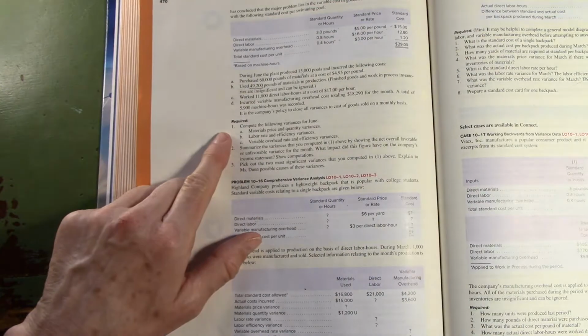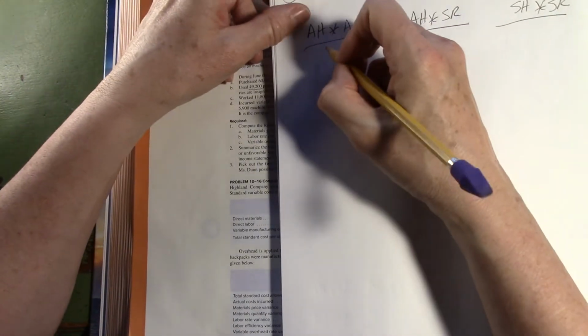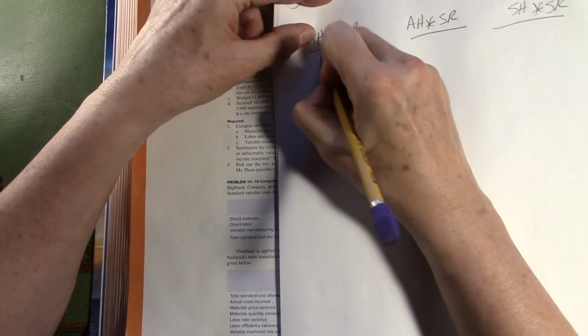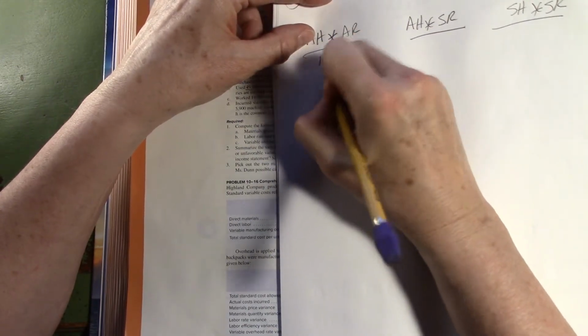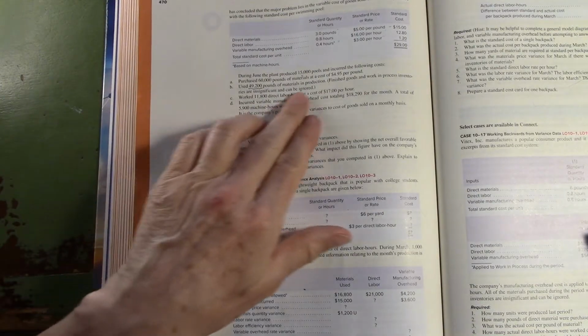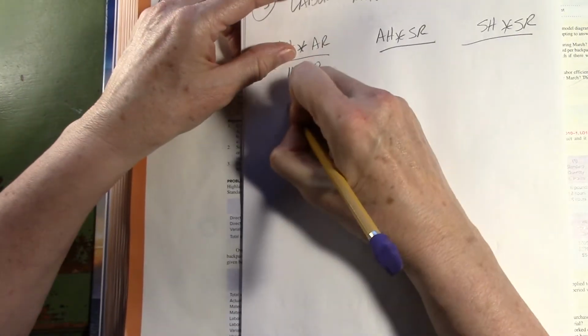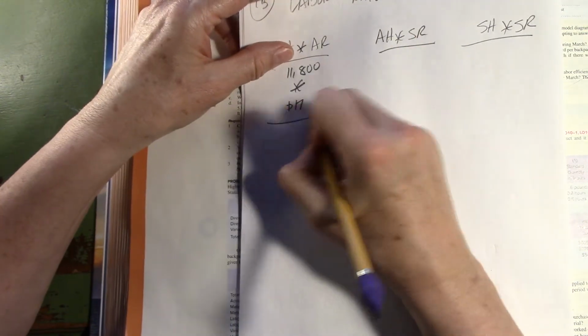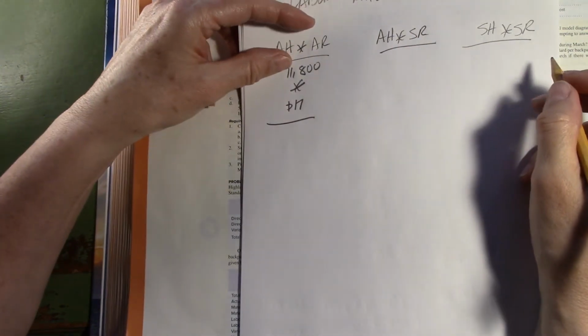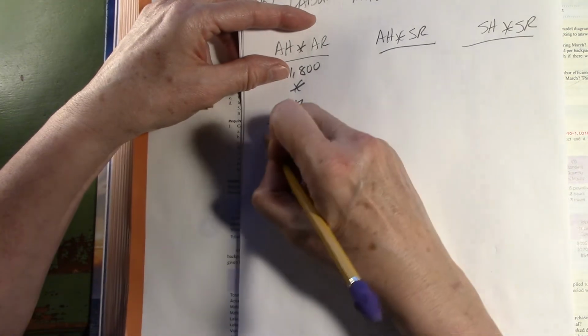So the actual hours was 11.8 times the actual rate, 17, equals 200,600.